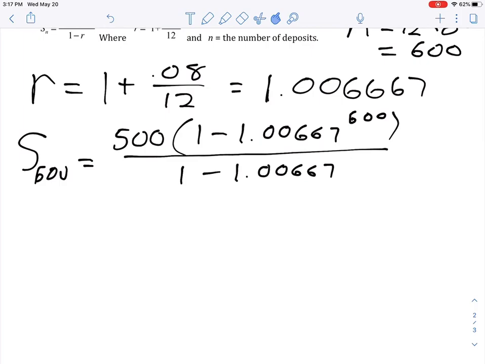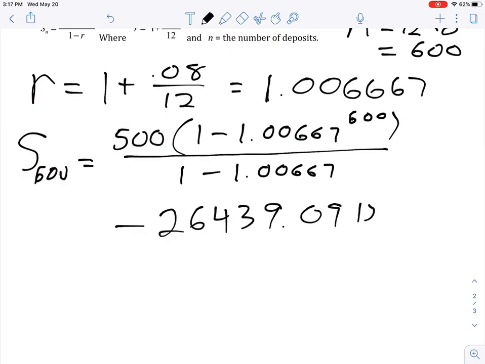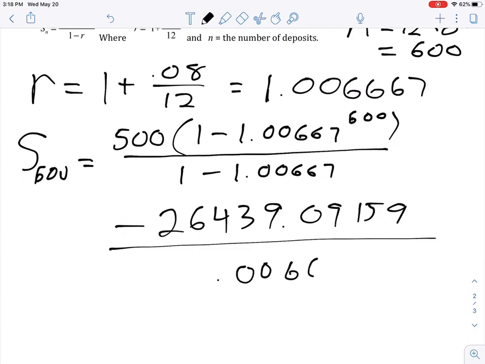Okay, so my numerator is like negative 26439.09159. That's what's in my calculator. Okay, that's going to be over 1 minus this, which is 0.006667, right?